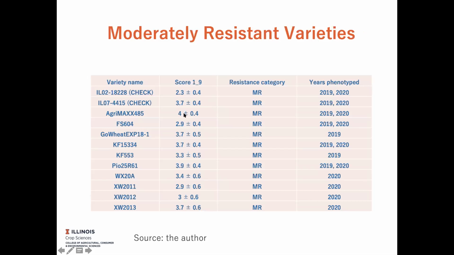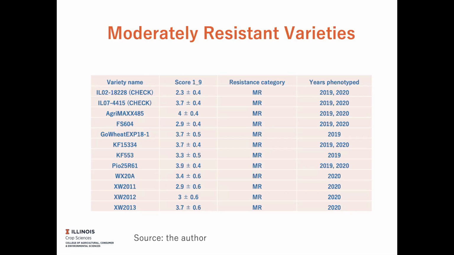Also, I think I forgot to mention the first two here are checks. These are our moderately resistant checks used in the experiment, and there's also a susceptible check there. You can compare scores with those checks to get a sense of how they compare with some of our known varieties that we know to be moderately resistant.